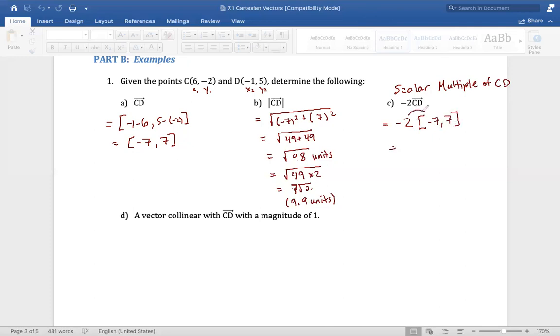And then again, I just use distributive property to distribute in. So then I would have -2 times -7, keep your square brackets because it's components, right? Is +14, and then I would have -14. So the components are horizontally 14, and then I'm vertically going down to the right 14, down 14.